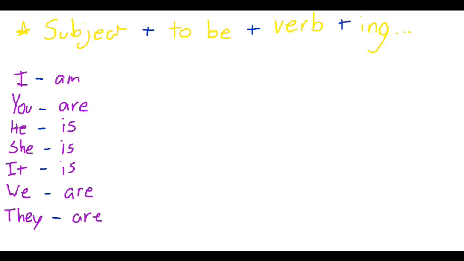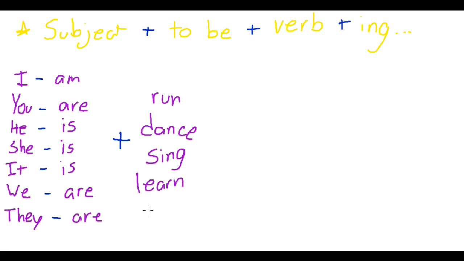But what about a verb? Okay, so we want plus a verb. So if you give me some examples of verbs, maybe we could say run, maybe dance, sing, something I can't do, maybe learn. Okay, and let's give one more, understand. Understand is a good one.